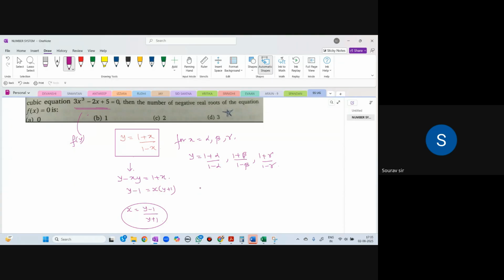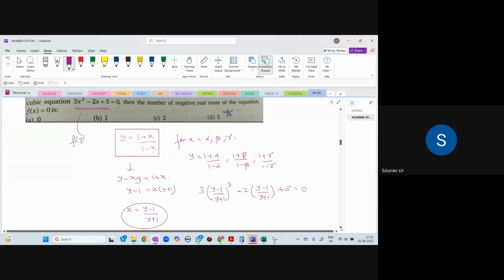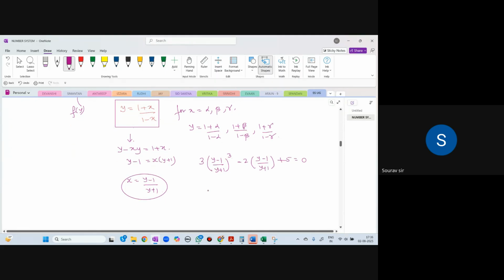So that means 3 into (y minus 1 by y plus 1) whole cube, minus 2 into (y minus 1 by y plus 1) plus 5 equal to 0. Right? Now you have to simplify this. Standard simplification. So 3 into (y minus 1) whole cube, so you multiply with (y plus 1) whole cube.